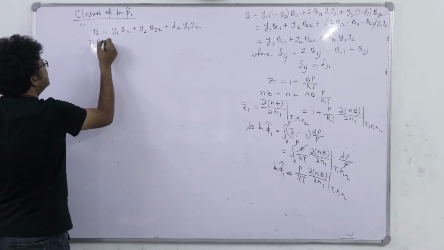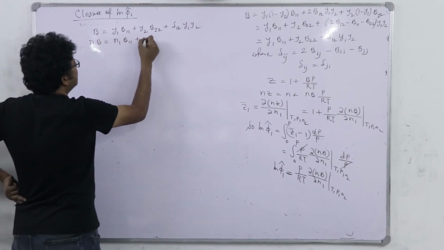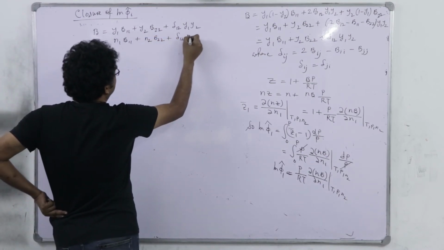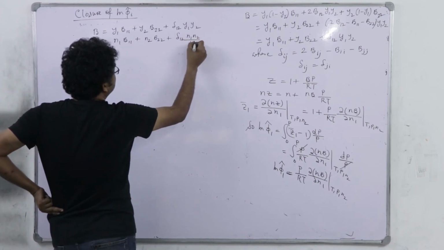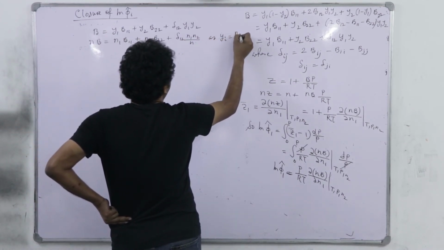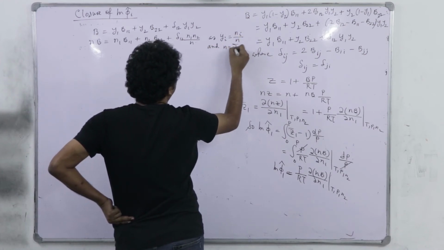So, NB is equal to N1 B11 plus N2 B22 plus delta 12 N1 N2 divided by N, as yi equals ni by n, and n is equal to the summation of ni.